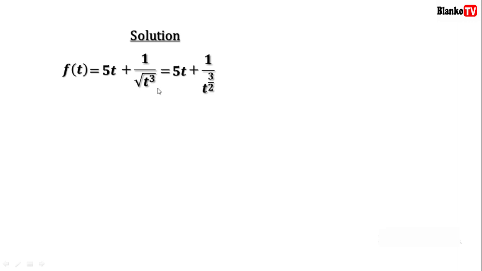That is applying the law of indices, which states that when a number is raised to a fractional power, the denominator of the fraction is the root of the number and the numerator is the power. I hope you are following it. So 1 over the square root of t raised to the power 3 is the same as what? 1 over t raised to the power 3 over 2.